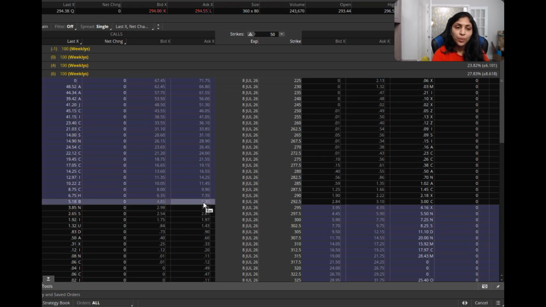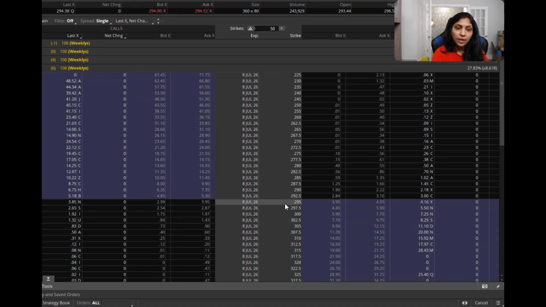At the money means if you take this contract, it is exactly where the stock is trading. Currently, Apple is trading at 292. If you take this contract, this is called an at the money contract. Anything below the stock price, like 282, 277, the contracts will be expensive, and these are all called in the money.